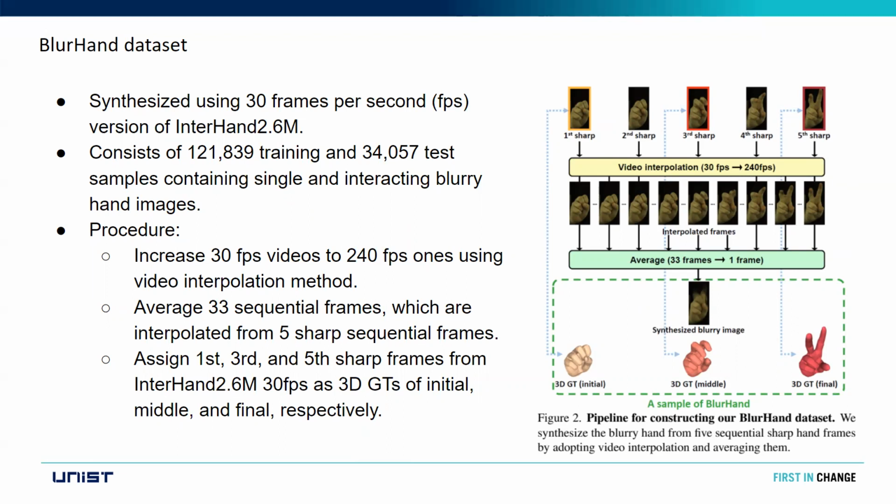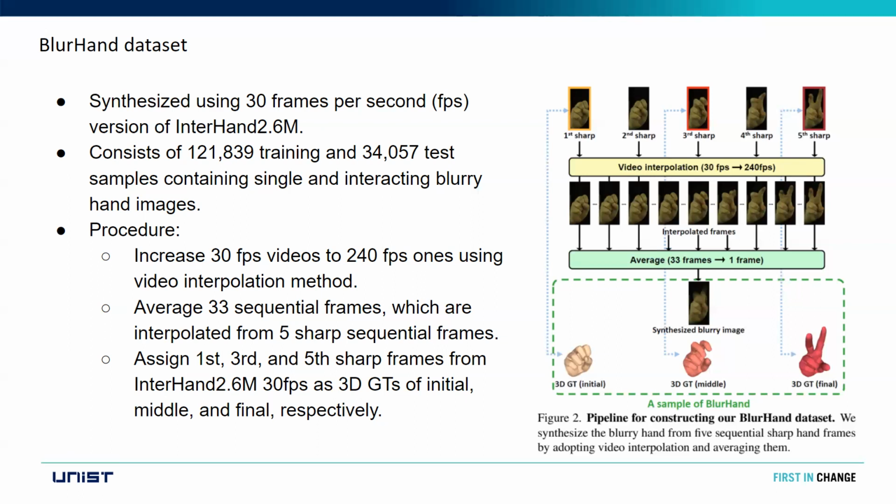So what are the initial, middle, and final? The initial is the initial position of the hand in the motion. The final is the final position of the hand. So from initial to final, it means different frames, but in a motion.